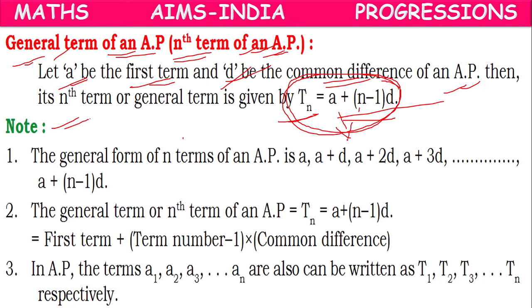So how have we got this formula? We know that the first term is represented with A, and then we get the second term.